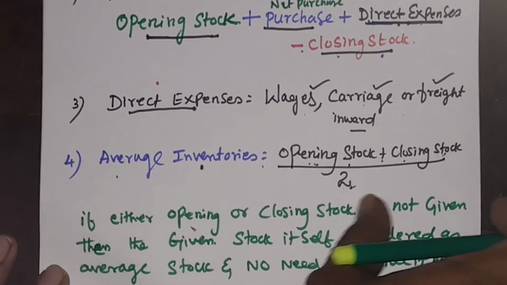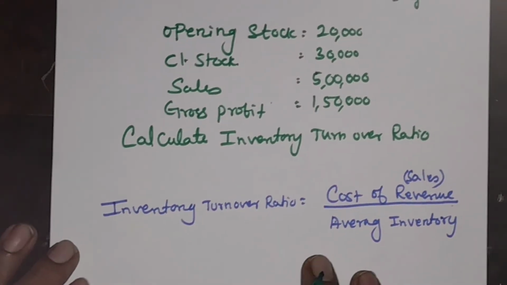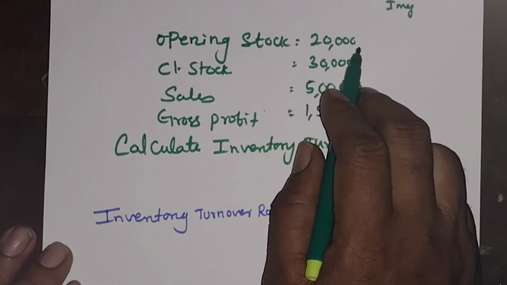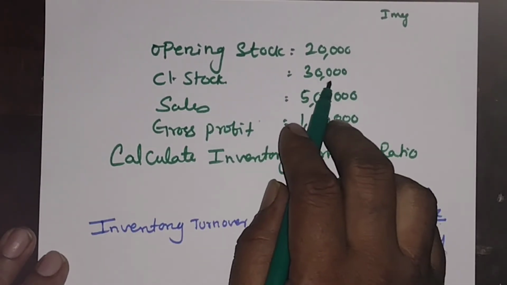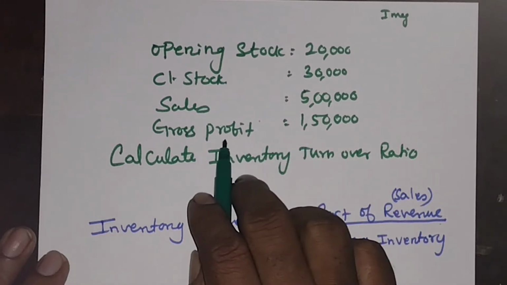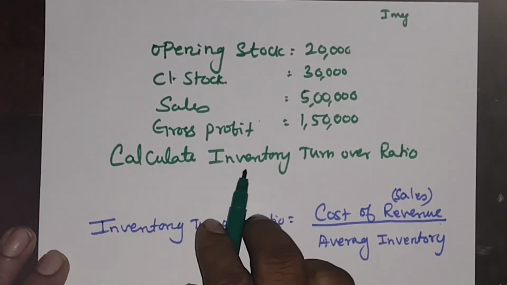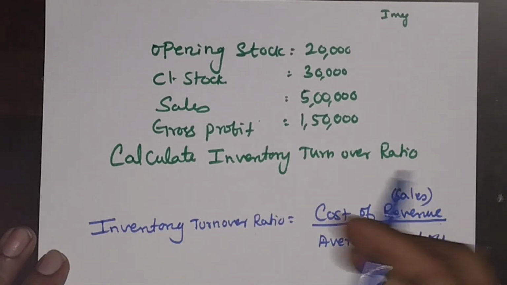Now let me work out one simple problem. Opening stock is 20,000. Closing stock is 30,000. Sales 5 lakhs. Gross profit 1,50,000. Calculate inventory turnover ratio.